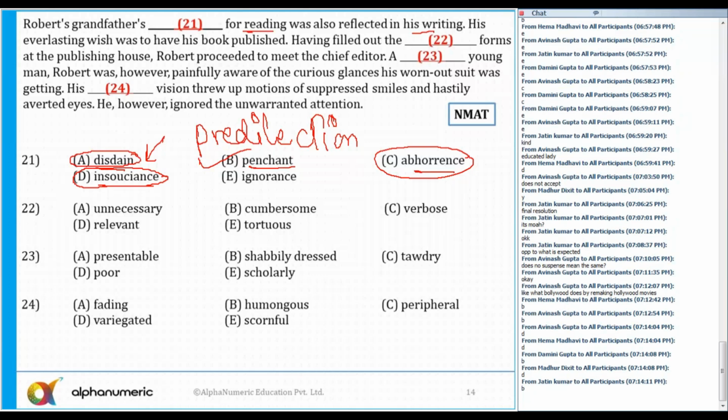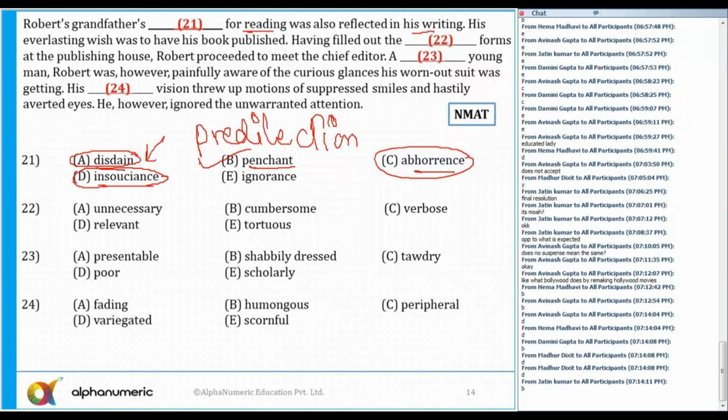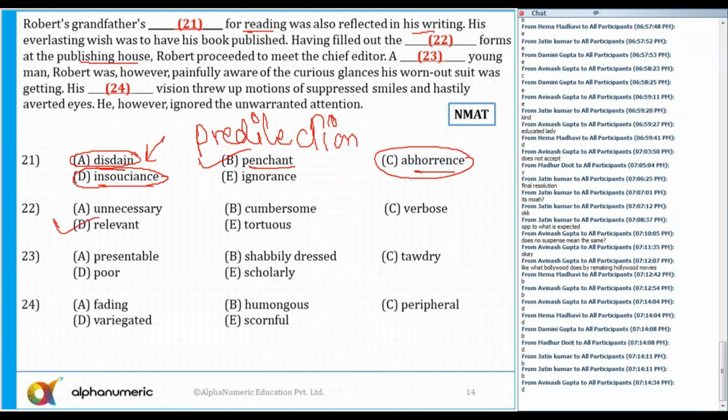Are they going to be cumbersome? Unnecessary? Relevant? Verbose or tortuous? Because he has gone to the publishing house to get the book published, he'll have to fill up the relevant forms. So after having filled out the relevant forms at the publishing house, Robert proceeded to meet the chief editor.